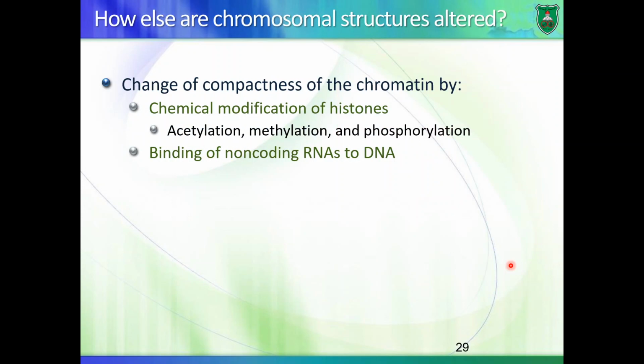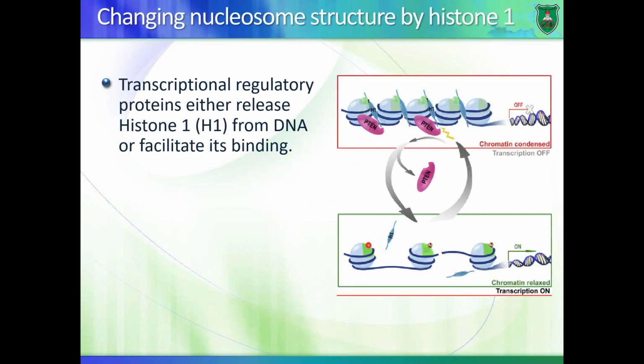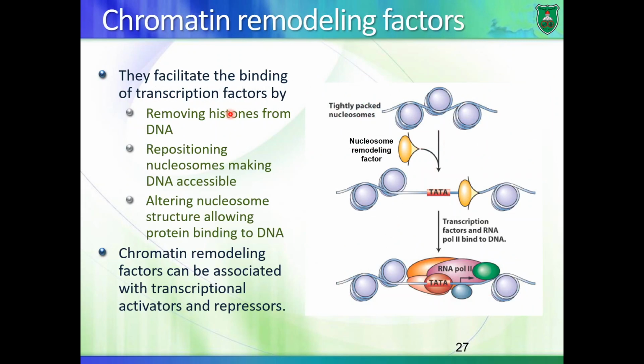Okay, so what else? What happens is that you can change the compactness, the packaging of chromatin. And this happens by chemical modification of histones. So one mechanism is, again, chromatin remodeling factors changing the compactness of the DNA by changing the position of histones or the association of histones with DNA.